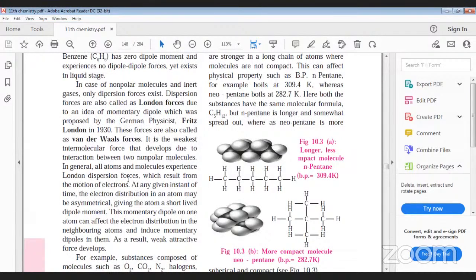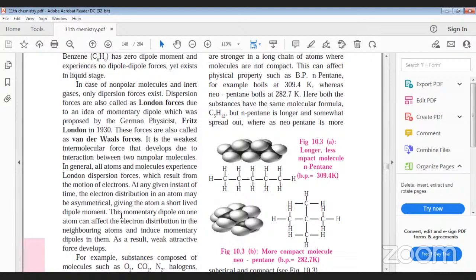So London dispersion forces result from the motion of electrons. When electrons move, a negative charge is moving around the positive nucleus, in a circular way. One time it is at one place, then another place, then another place. Due to this, an imbalance between positive and negative takes place.